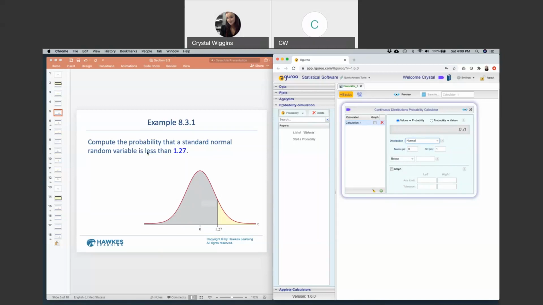Now, below, we have options of below, above, between, and outside. We do not have the little checkbox that allows us to do less than or equal to, or greater than or equal to, in this calculator. That's because for continuous data, less than or equal to is the same probability as less than, because the next value below a certain value is infinitely close to the one that you're looking at.